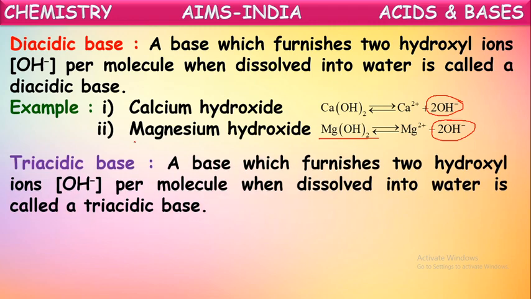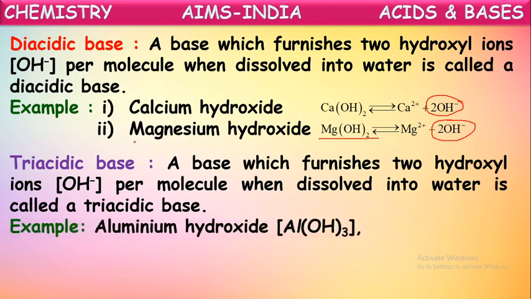Next, triacidic bases. The bases which produce 3 OH minus ions per molecule when dissolved into water are called triacidic bases. For example, aluminium hydroxide, Al(OH)3.